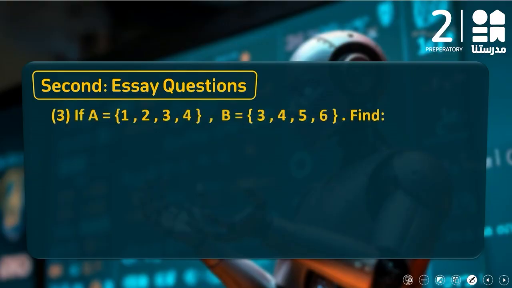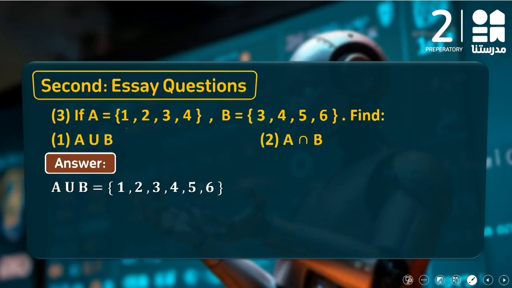The third question: we have a set A equal to 1, 2, 3, and 4, and a set B equal to 3, 4, 5, and 6. Find first A union B and then A intersection B. What is the meaning of union? To find A union B, we find the numbers in set A and set B together without repetition. In sets, we don't use repetition.